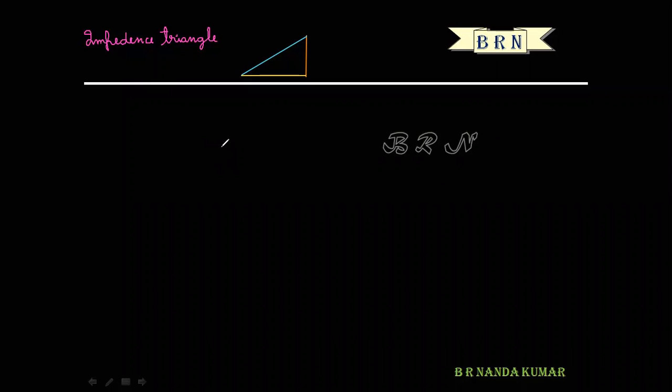Okay, now let us discuss the impedance triangle of the LCR series circuit. Actually, this is the impedance triangle. This is angle phi. Suppose XL is more than XC. The perpendicular is XL minus XC, and the base is the resistance.